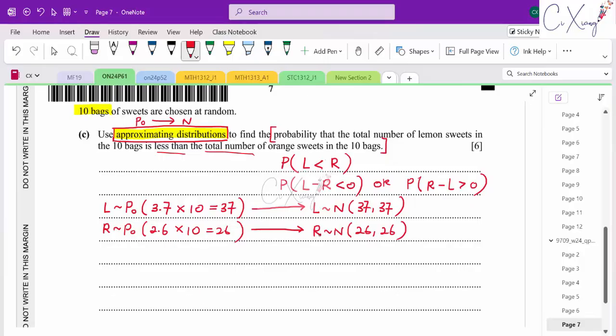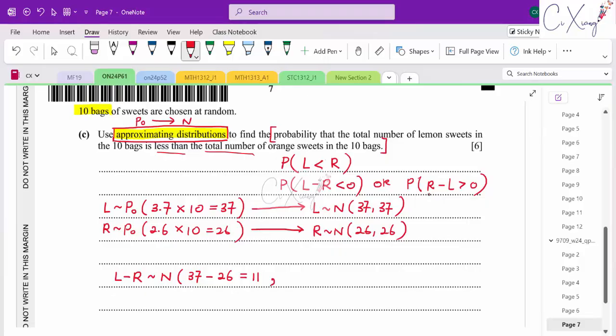So how can I combine them? This is how you need to combine them. You can take L minus R or you can take R minus L. For me, I'm using L minus R, which is normally distributed. What is the mean for lemon minus orange? Lemon is 37 minus the orange, which is 26. So the mean for L minus R is basically 11.